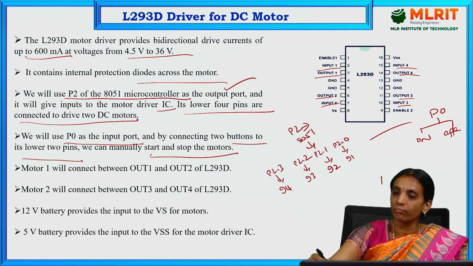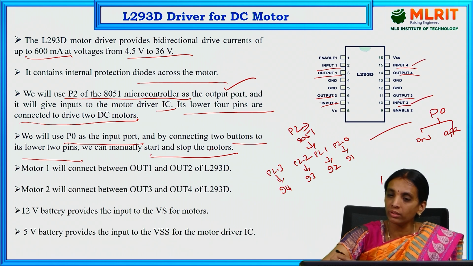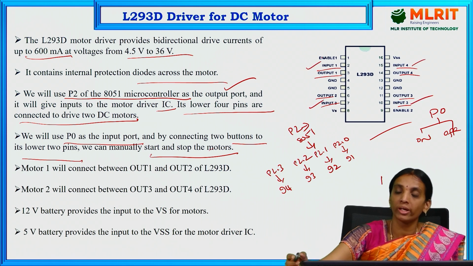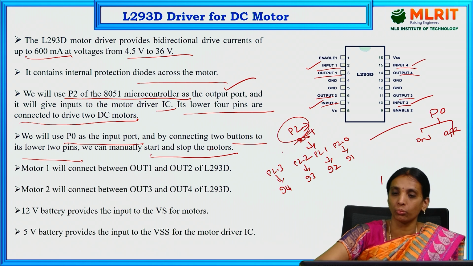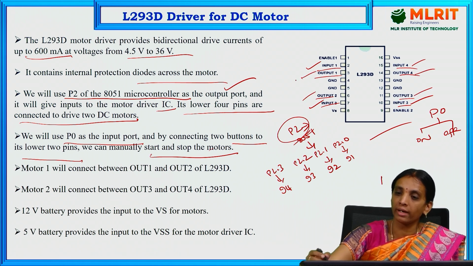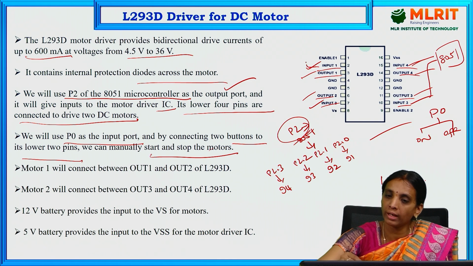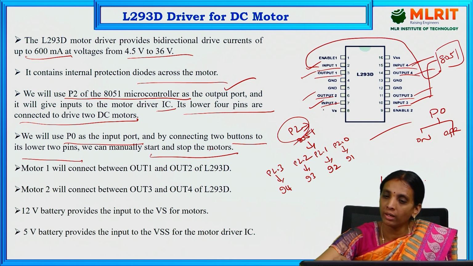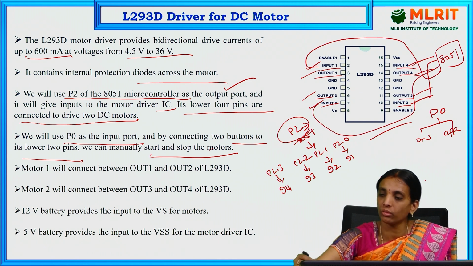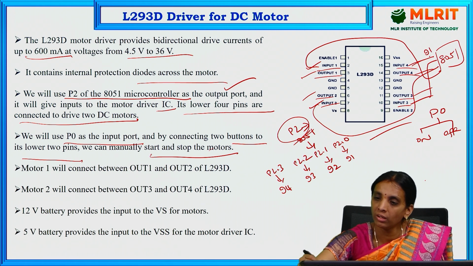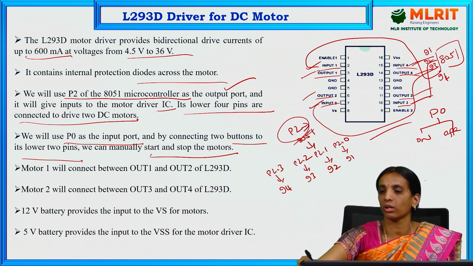So here for these input pins, we are having connections from port 2. These input pins are connected to the 8051 microcontroller. So this input 3, 4 and input 1 and input 2 are all connected to the 8051 microcontroller.